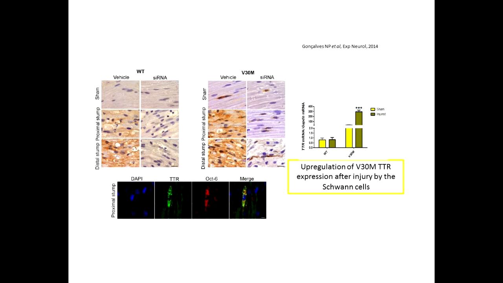So you have the sham, the other side, and the injured nerve. But in transgenic mice, first of all, the mice have more TTR to start with, but in an injured mouse, this is huge. You don't see this reaction in liver, okay? It's only in nerve that this is happening.